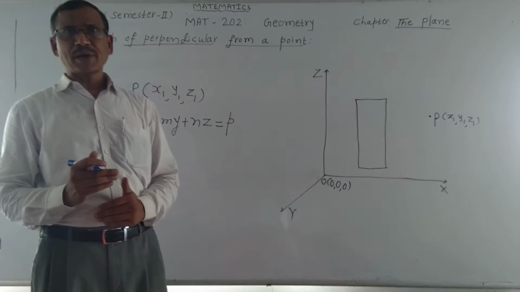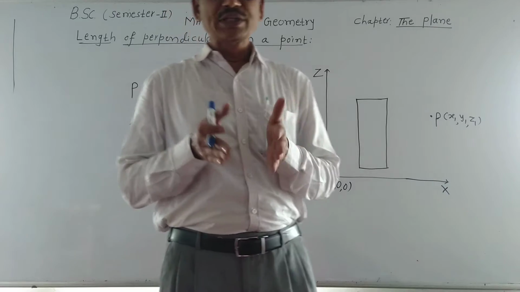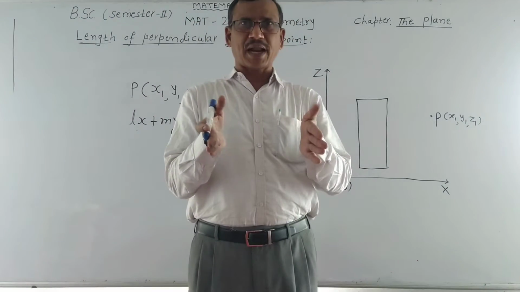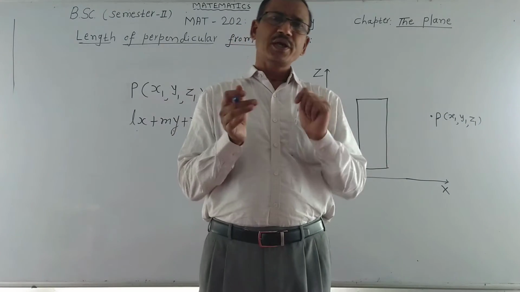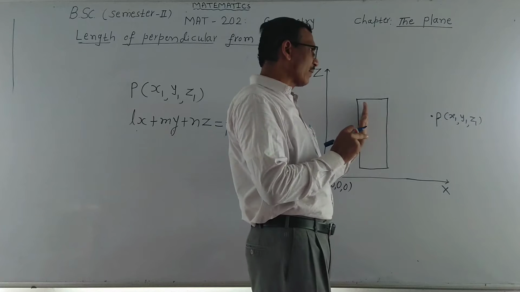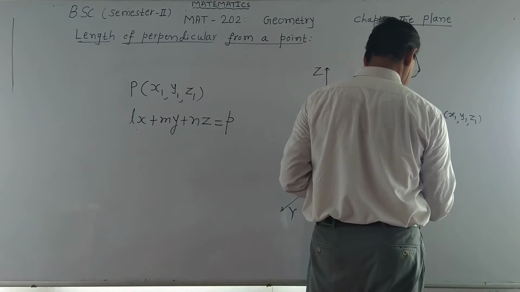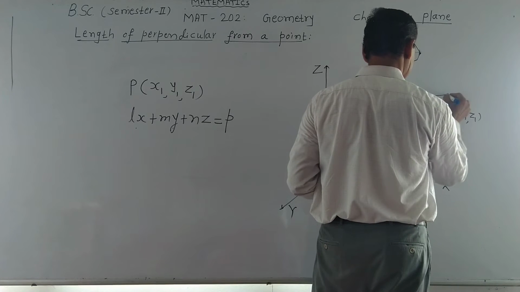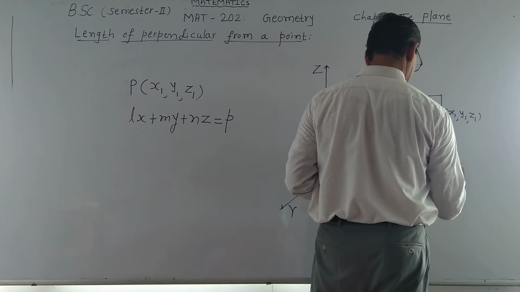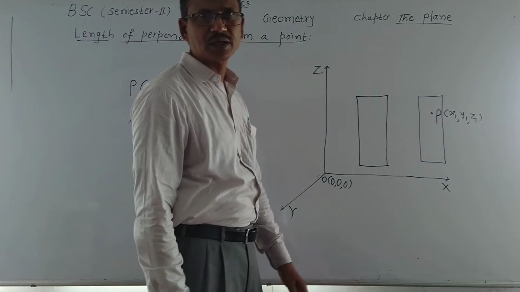To obtain this perpendicular distance, we shall consider another plane which is parallel to the given plane. These two planes are parallel to each other. The new plane, parallel to the given plane, passes through the point P, x1, y1, z1, which lies on the plane.